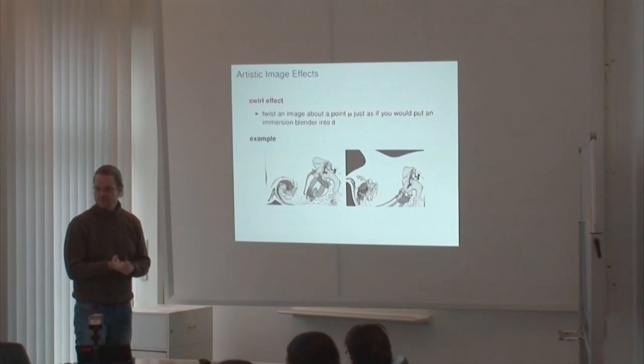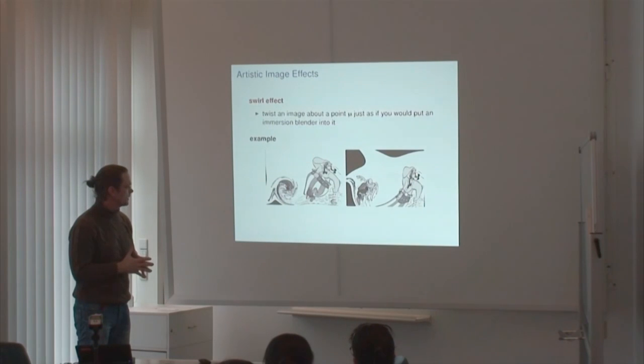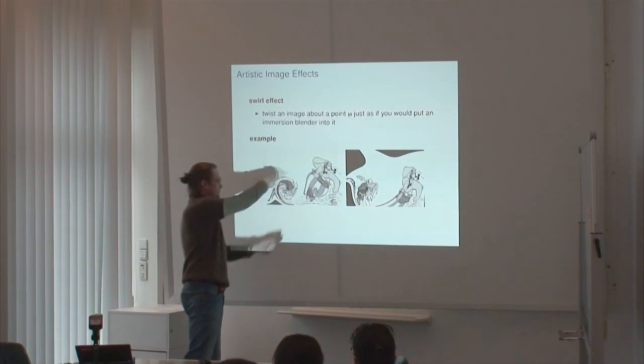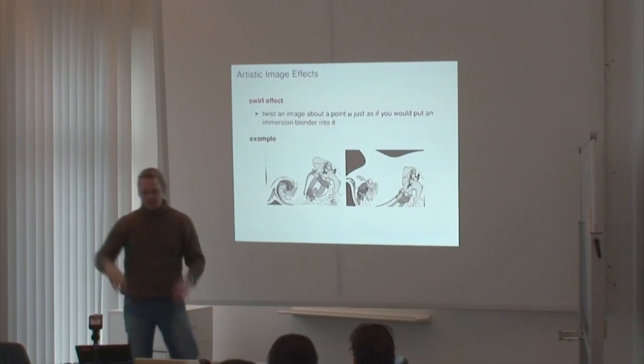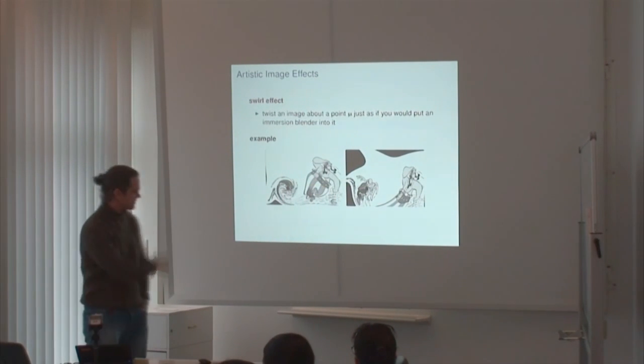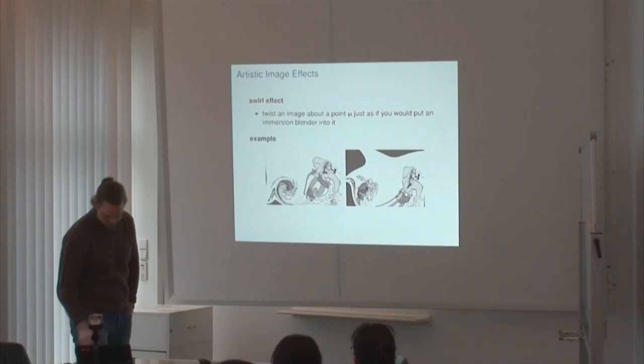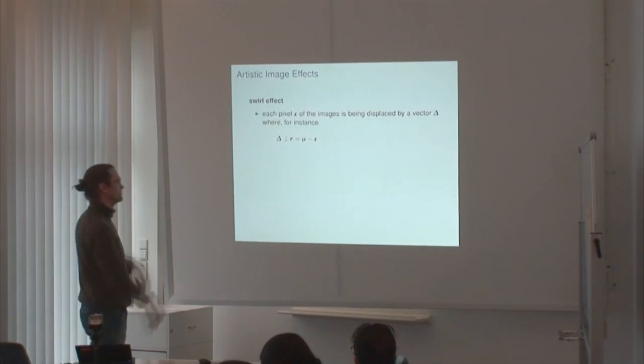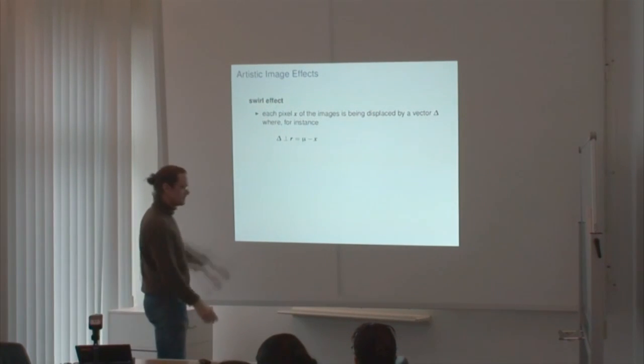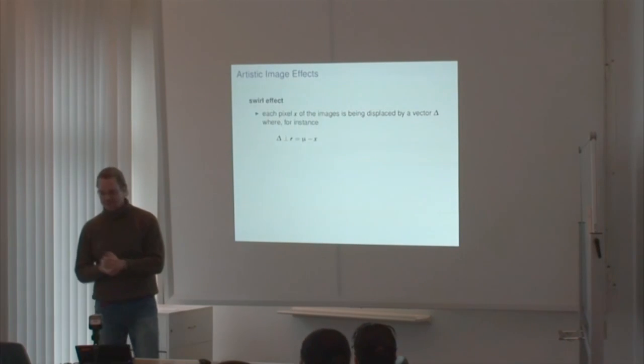So again, we can also simulate physical effects like that. So I would have inserted an immersion blender here, and an immersion blender there, and this is what you get. How do we do this? Again, it becomes repetitive. What can I do?